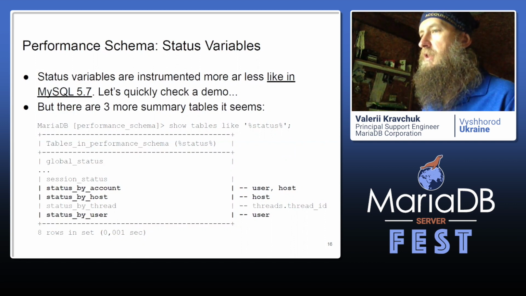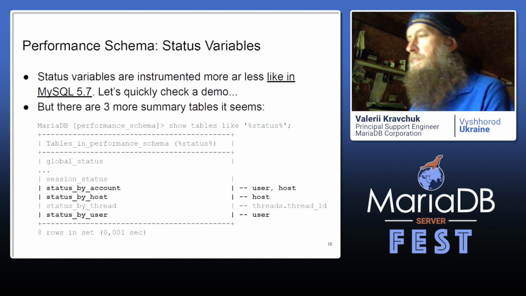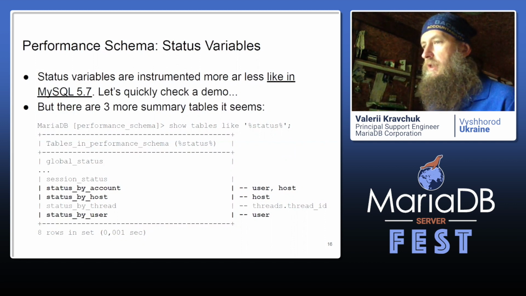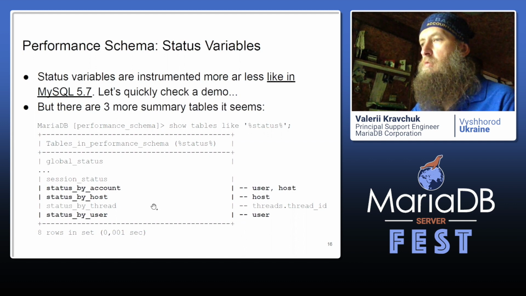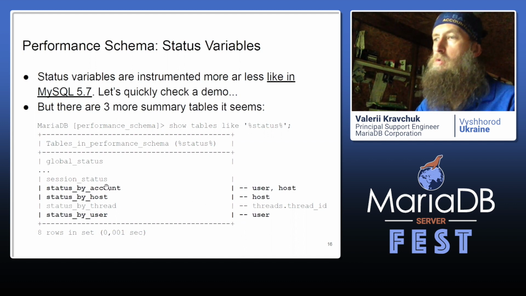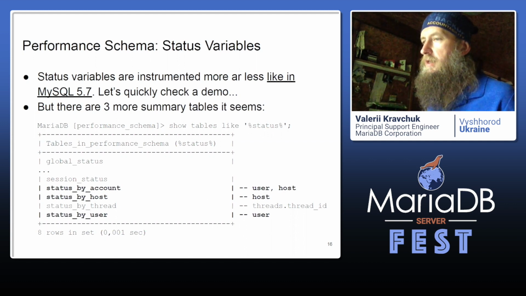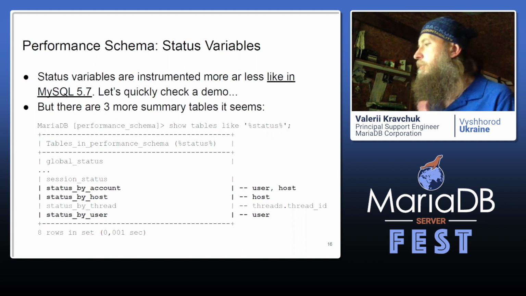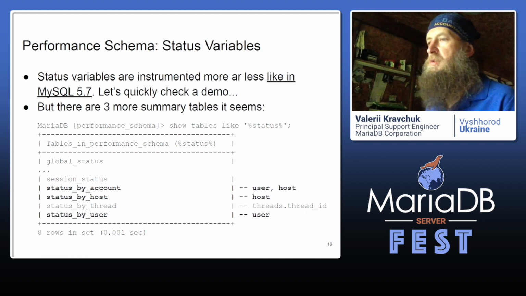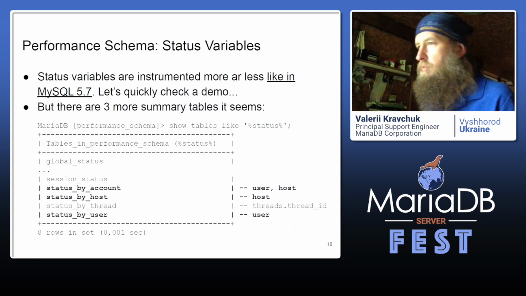We have performance schema session status for the current session. But what's more interesting, we also have access to status variables for a specific thread. It's not unique, surely, but also for the account, for the user, and for the host. So we can summarize how many read operations all users from specific hosts had executed. It's really cool.